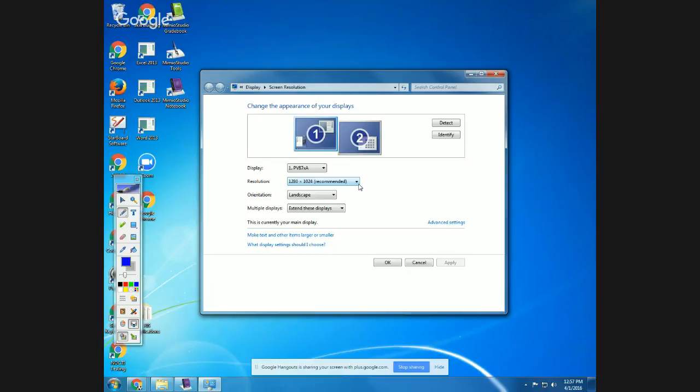So my image has a lot more pixels than can fit on this screen. This is 1,280 by 1,024. So suppose I wanted to resize the image so it fit perfectly on the screen. Is 1,280 divided by 1,024 a 4:3 ratio?